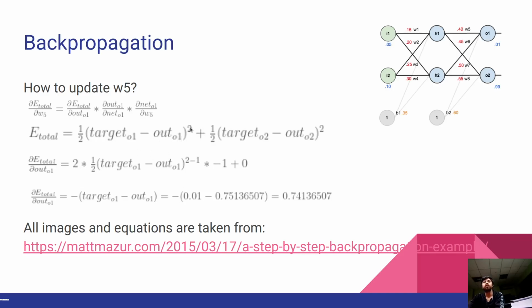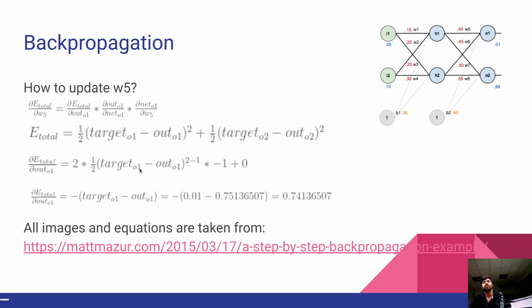If we take the derivative, it will be 2 into this whole value, 2 into half, target O1 minus out O1. If you take x square, the derivative will be 2x. So same is happening here, 2 minus 1, which is kind of like the same.